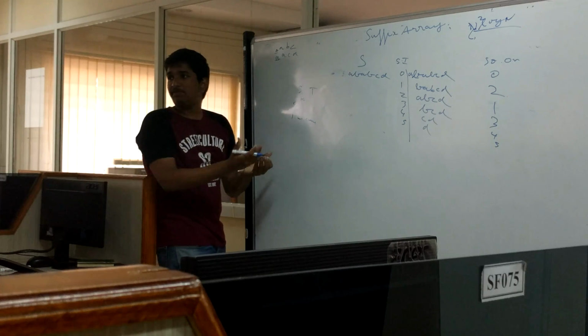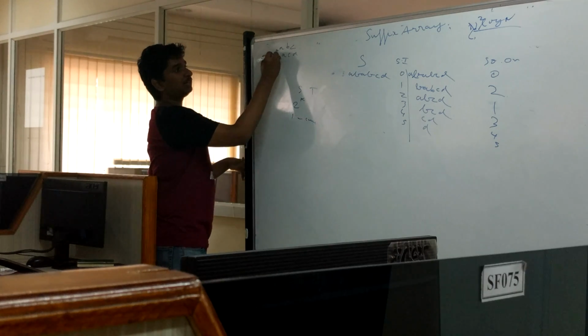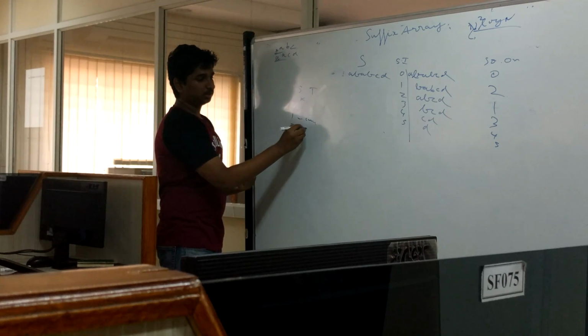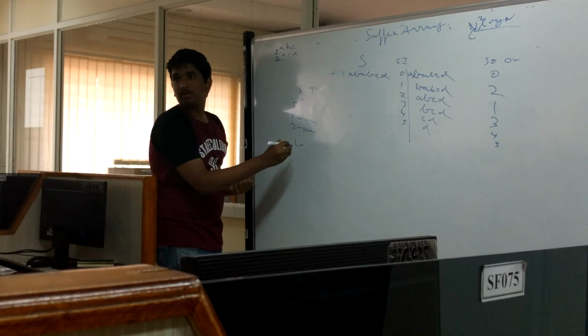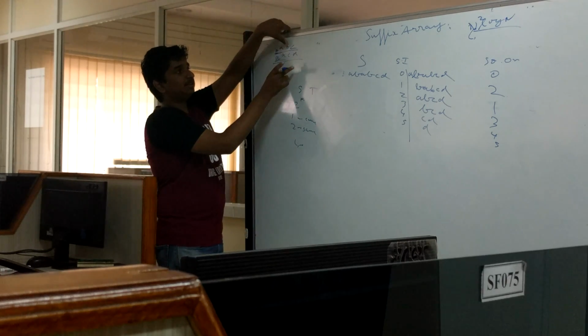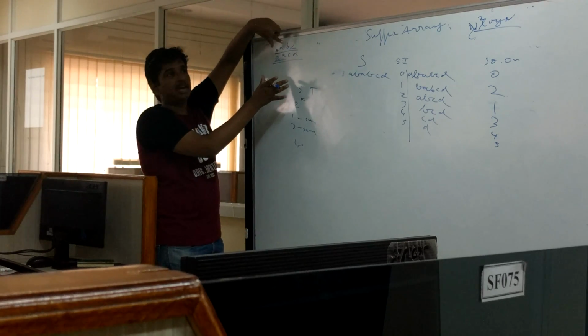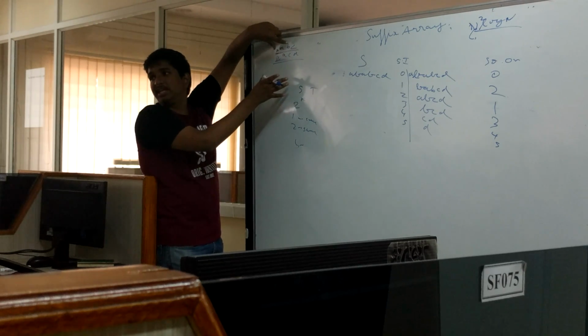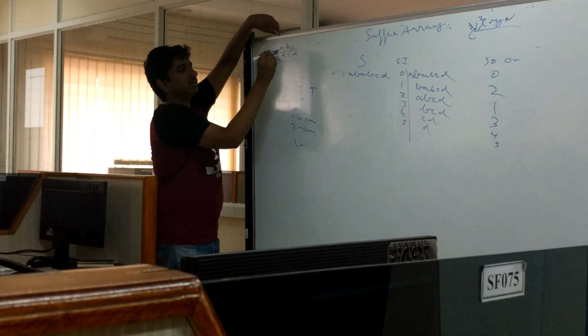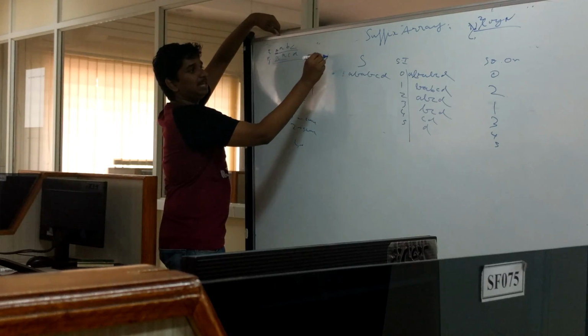So I go to k equals 2, which compares AB and AC. Hmm, they are again the same, so I go to k equals 4. Here if I compare the string of length 4, I can find out that ABC is smaller than ACD. So the position of i is less than the position of j.